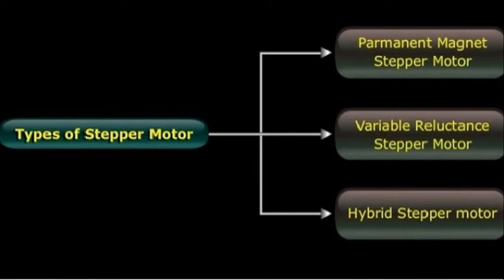One is a permanent magnet stepper motor, another is a variable reluctance stepper motor, and the last one is a hybrid stepper motor. The hybrid stepper motor is a combination of the permanent magnet as well as the variable reluctance type. That's why it is called a hybrid stepper motor.